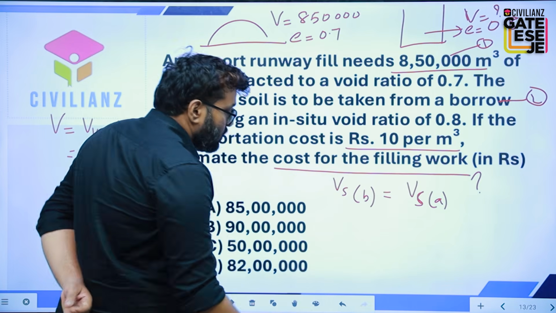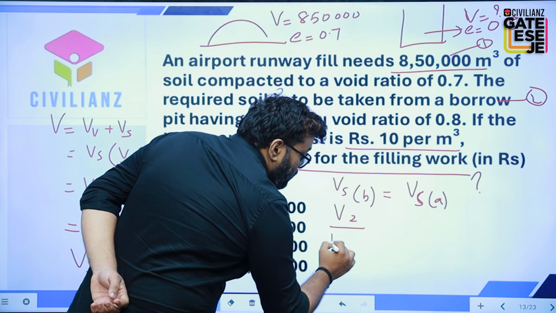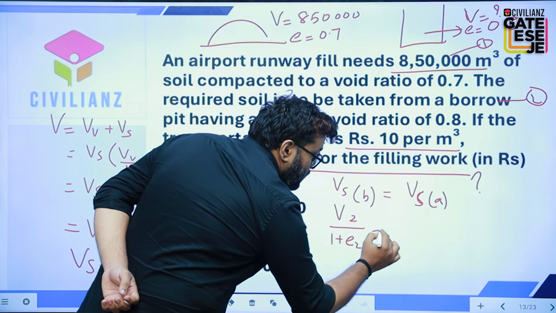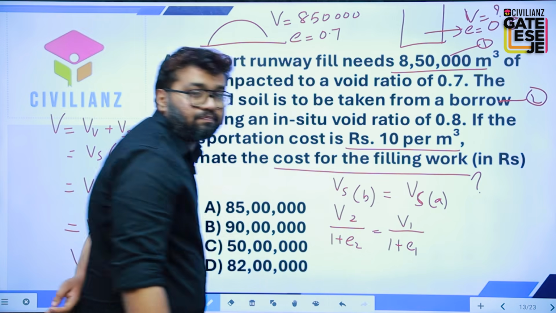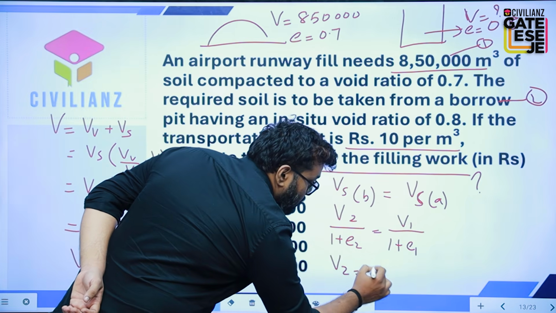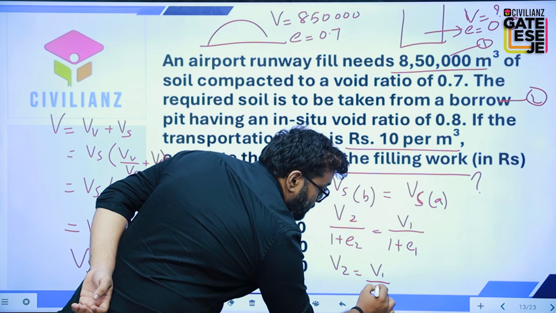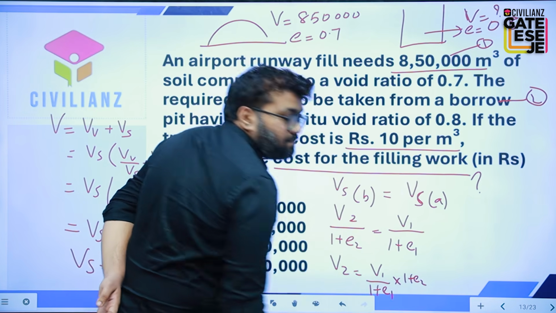So V2 by 1 plus e2 is equal to V1 by 1 plus e1. So V2 is equal to V1 by 1 plus e1 into 1 plus e2.